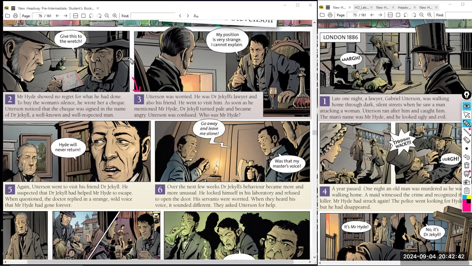Three. Utterson was worried. He was Dr. Jekyll's lawyer and also his friend. He went to visit him. As soon as he mentioned Mr. Hyde, Dr. Jekyll turned pale and became angry. "My position is very strange. I cannot explain." Utterson was confused. Who was Mr. Hyde?